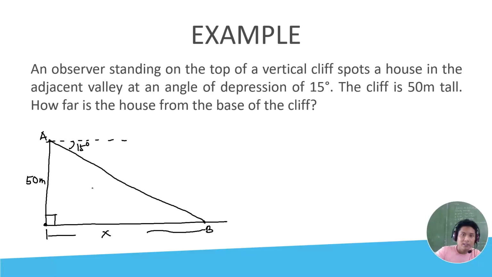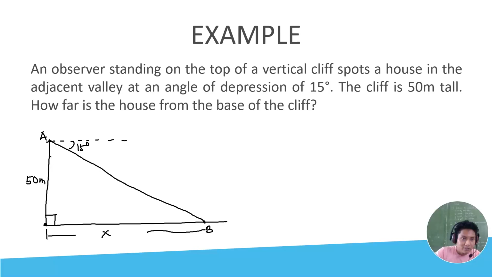Given the angle of depression of 15 degrees, how can we use it to determine the other angle of this right triangle? As you can see, they are complementary angles.